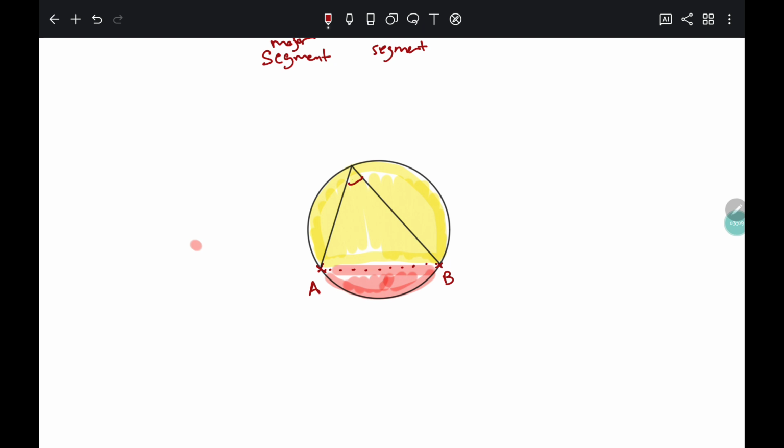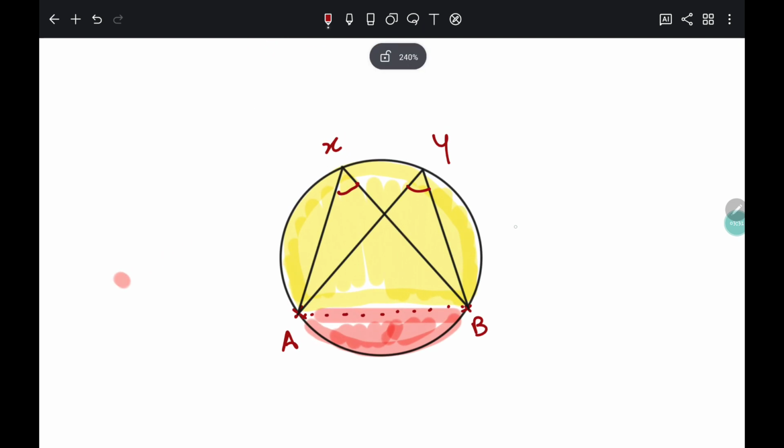Now, let me call this angle X. Using the same 2 points A and B, I extend to the same area in the yellow region, and I call this angle Y. Notice that both of the angles are in the same region. These 2 angles are in the same segment.